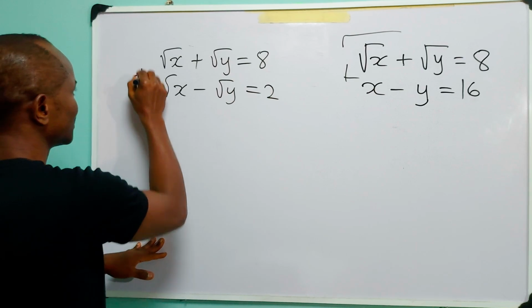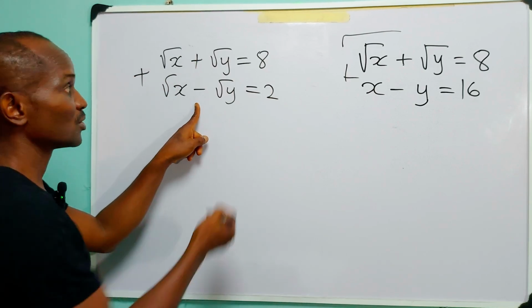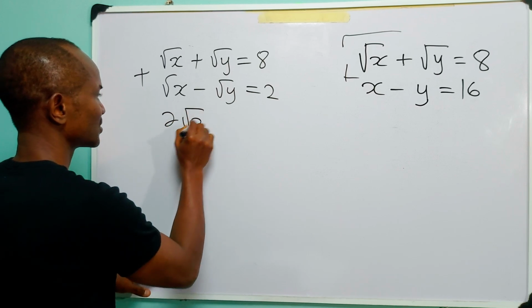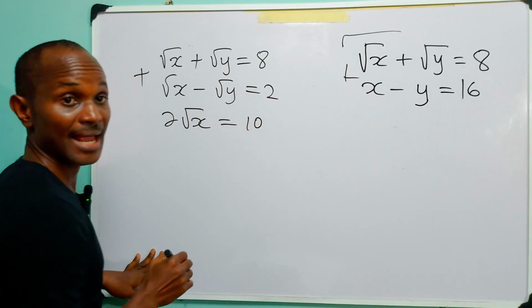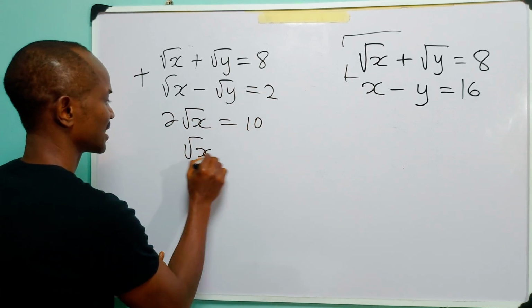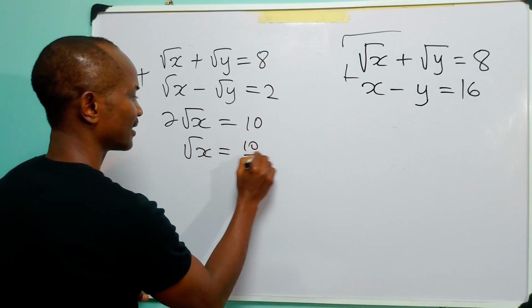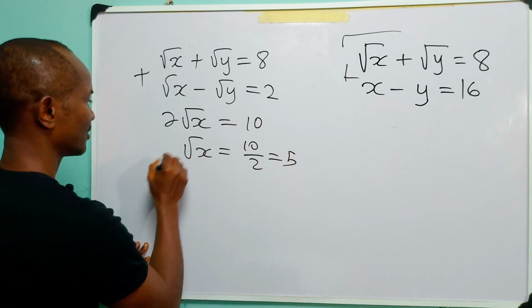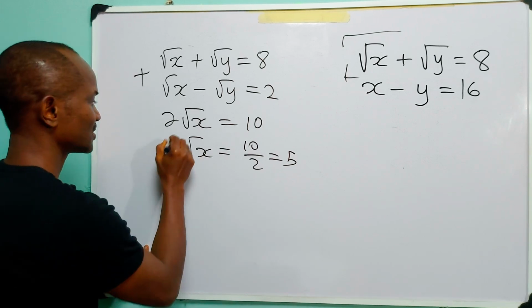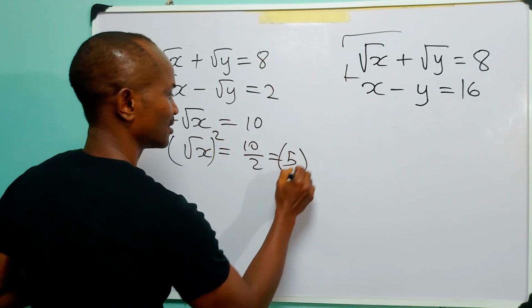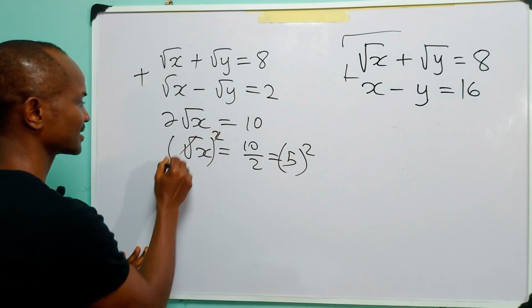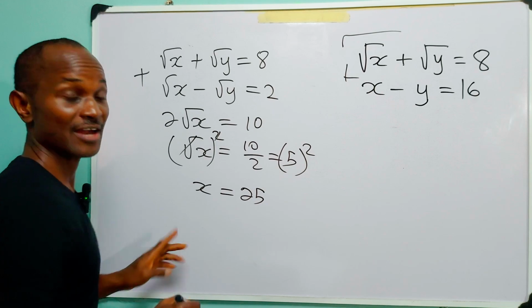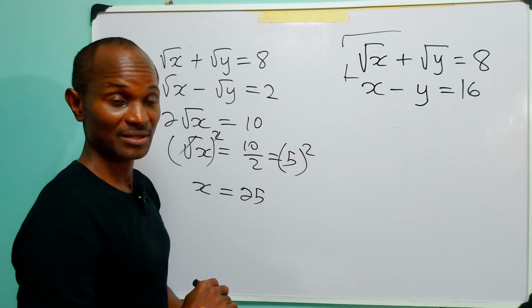If we add equation 1 to equation 2, we will eliminate root y, and we have that 2 root x is equal to 10, from where we have that root x is equal to 10 over 2, and that is equal to 5. And of course, to get x, what we simply do is to square. This takes care of that, telling us that x is equal to 25, same as we got using the first method.